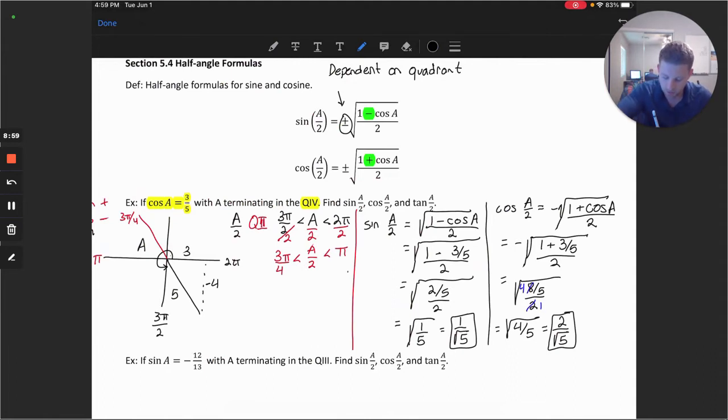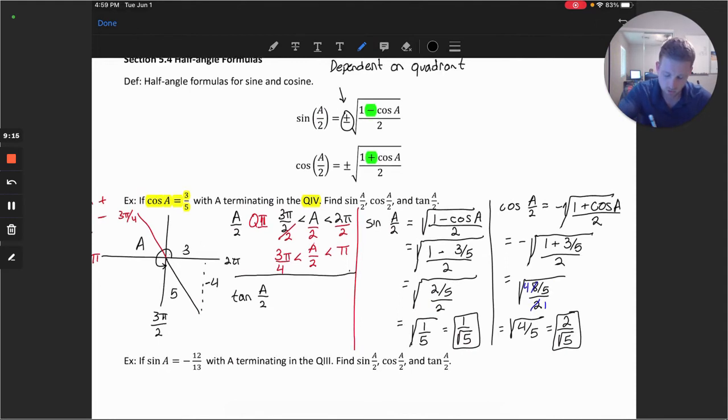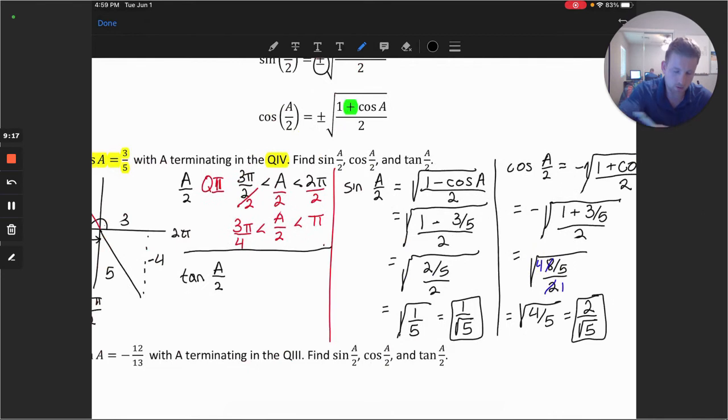The last thing, we'll kind of circle back over here to work out the last piece, which is the tangent of A over 2. The tangent of A over 2, we know it's going to just be the ratio of the sine divided by the cosine.